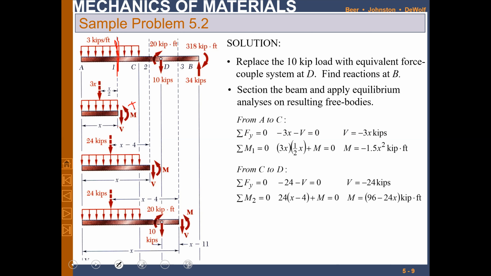Then from C to D will be the sum of all the forces about the y-axis. So 24 kips is downward, so this is negative, and this V again is negative because it's again downward, right?